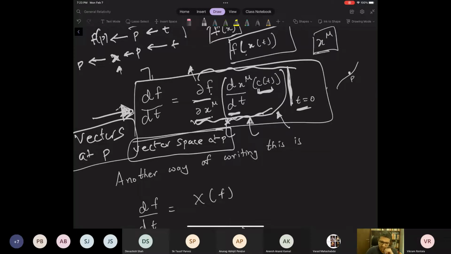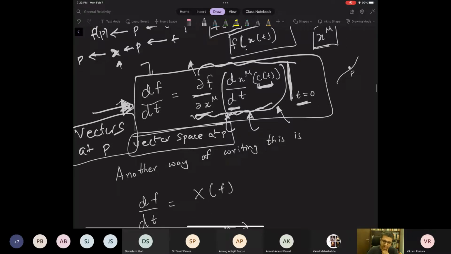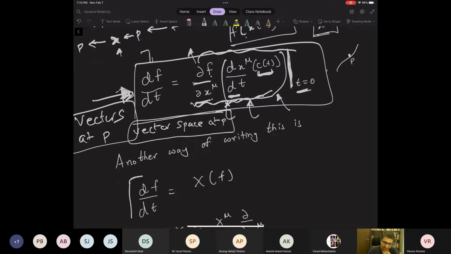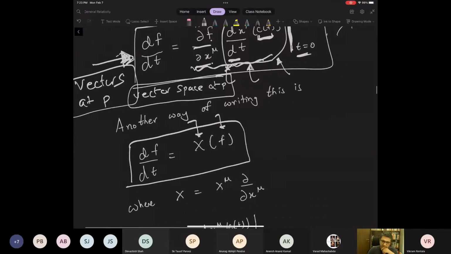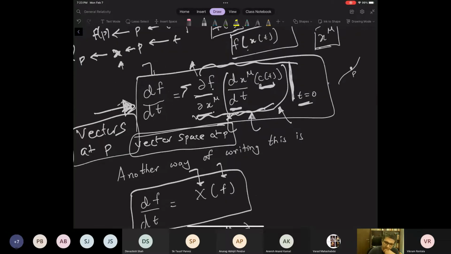Another way of writing this df dt is as some operation that we're performing on the function f. What is this operation? We can write our operation as x mu partial partial x mu. I hope this notation is clear. There's a summation over mu from 1 through n, summing over all my coordinates.